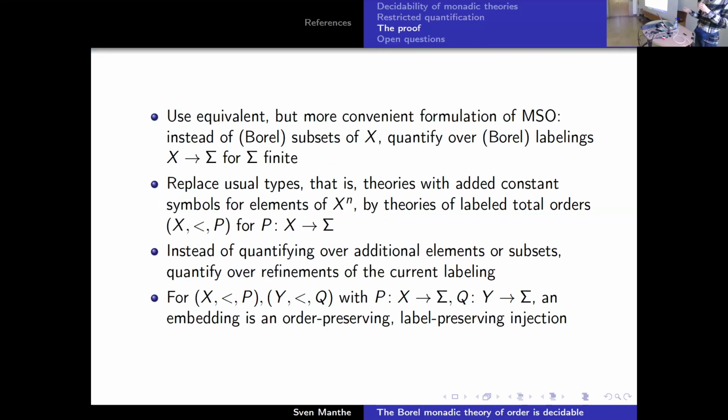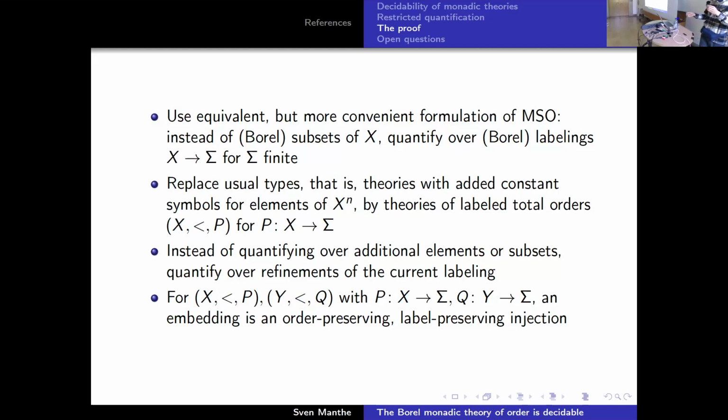And while in first order logic, one usually works with types, which are essentially theories with some added constant symbols, which satisfy the theory of some certain elements, here for monadic logic, of course, we will need not to talk about first order constants, but about monadic constants, and this again could be phrased by an additional labeling, which is added to our theory. And we will mostly talk about the types of some labelings of the reals.